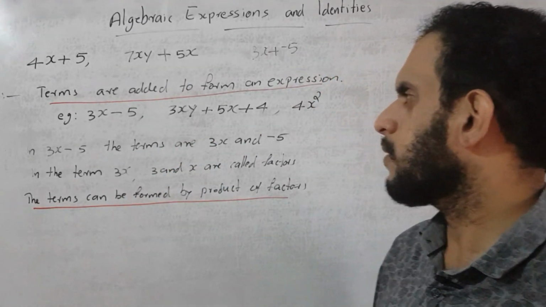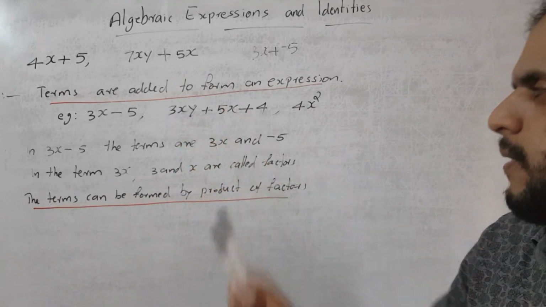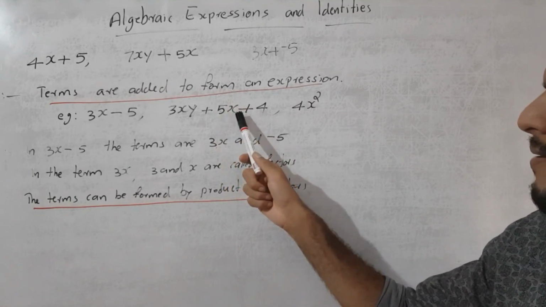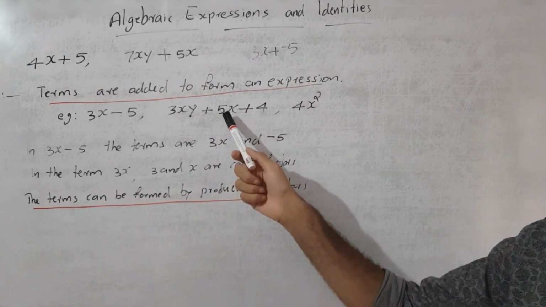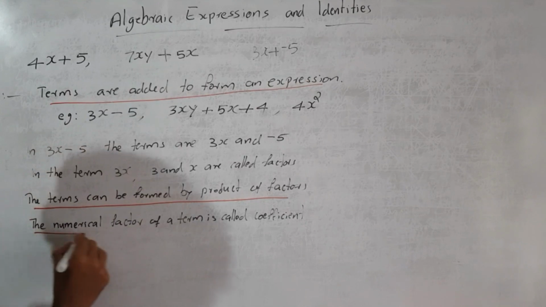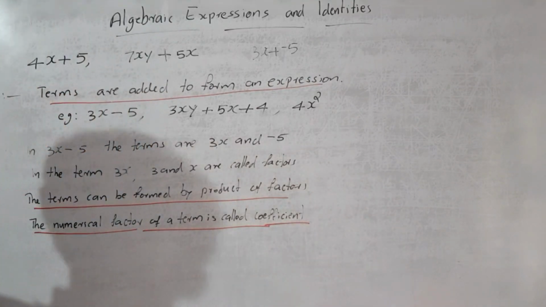Clear? The coefficient of not x, not y, but xy. Then in the term 5x, 5 is the numerical factor, so 5 is called the coefficient of x. The numerical factor of a term is called the coefficient.